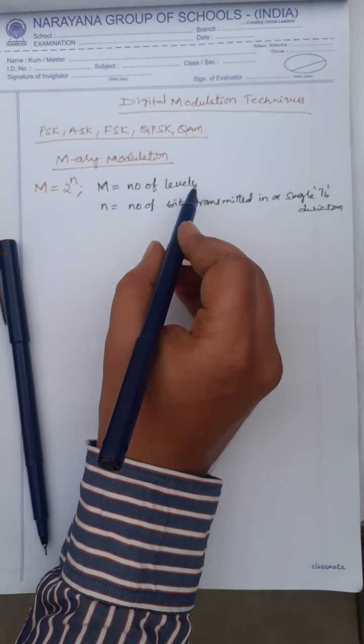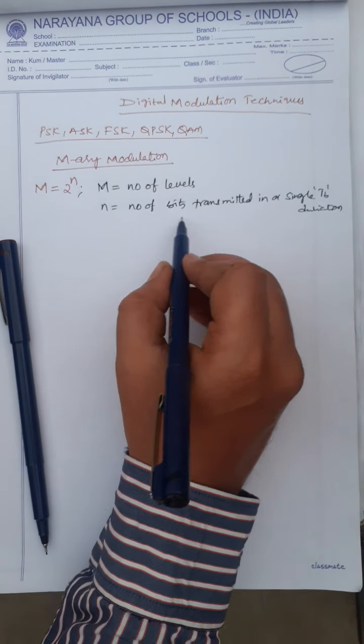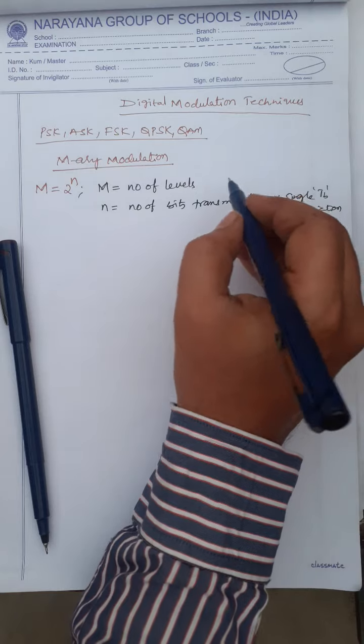M is the number of levels and n is the number of bits transmitted in a single Tb duration.